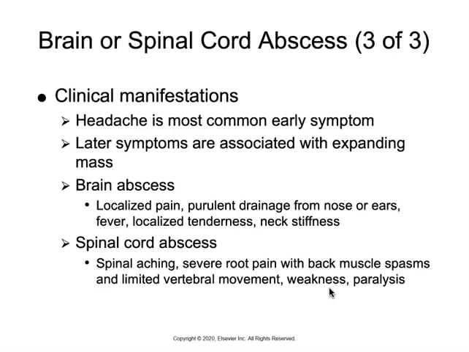As the abscess grows, the symptoms will become more severe. Just to classify some of these manifestations, for a brain abscess, the patient will experience localized pain, fever, neck stiffness, and purulent drainage from the nose or ears. With spinal cord abscesses, this will often begin with some spinal aching, followed by severe nerve root pain, muscle spasms, restricted movement, and potentially weakness or paralysis.